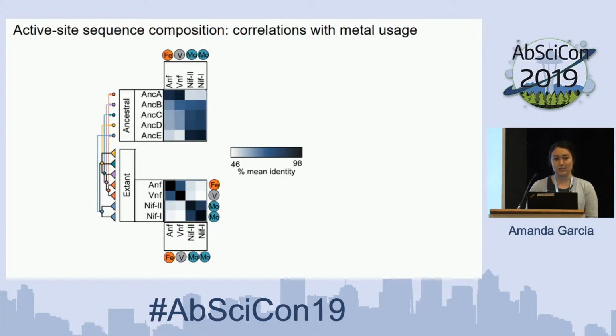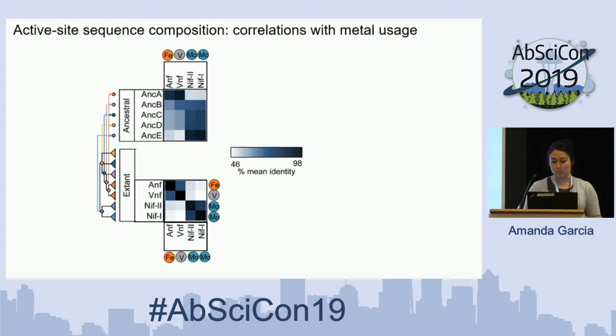It's a heat map, so the lighter colors indicate that the active site sequence has lower identity, the darker colors indicate higher sequence identity. And so you can see that these comparisons do a decent job at differentiating the molybdenum forms from the vanadium or iron forms.